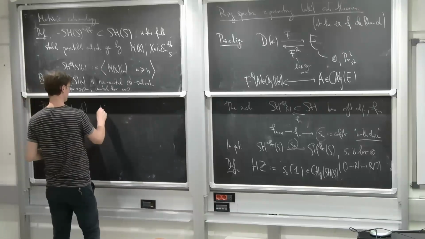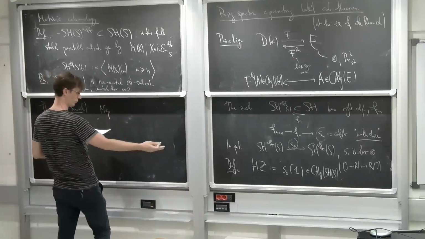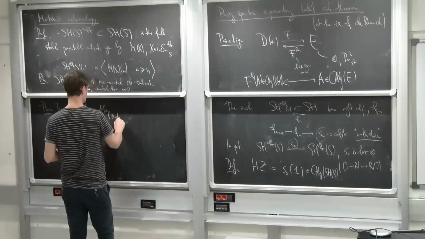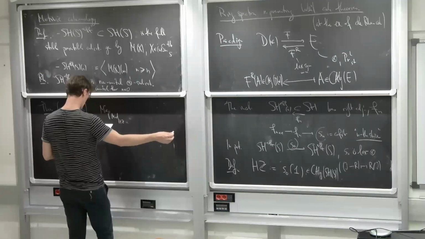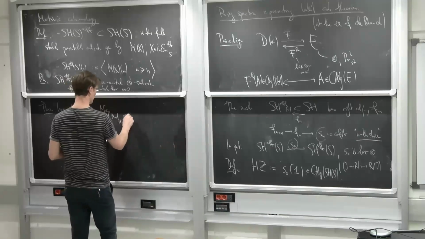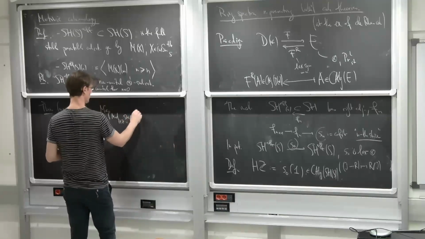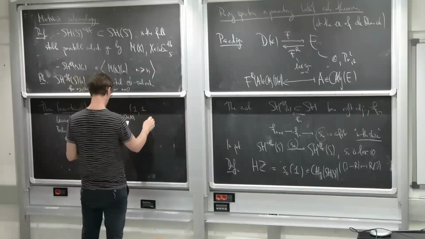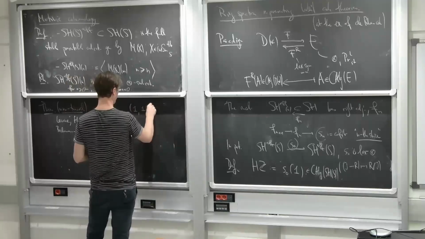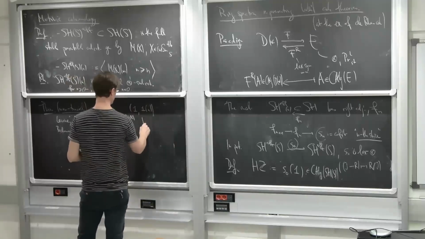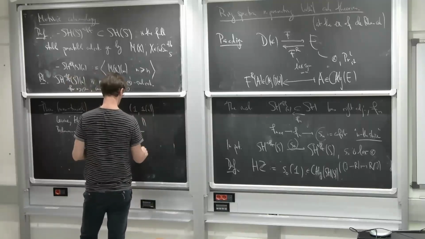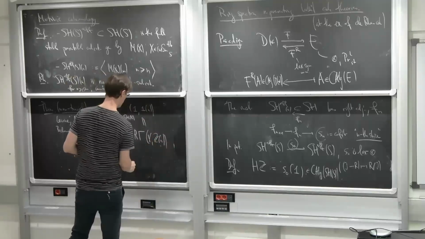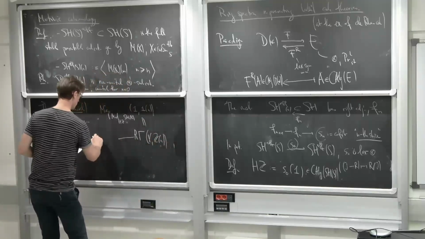The theorem is, if we look at this crazy object and now at modules over HZ in SH of X, then in there, again, we have another unit, and we twist by one. Then this is going to be our gamma of X, Z twist n, where this here is a notation.